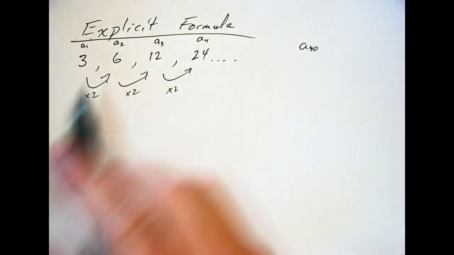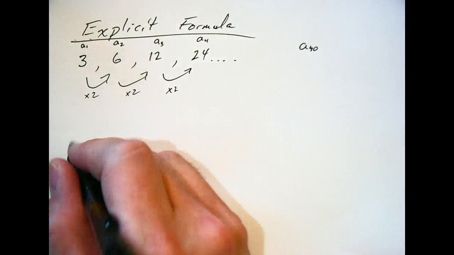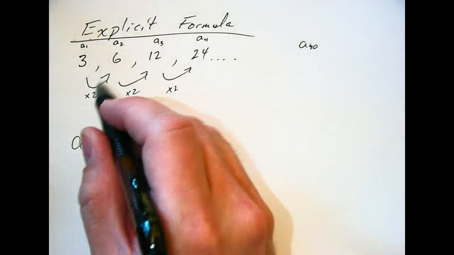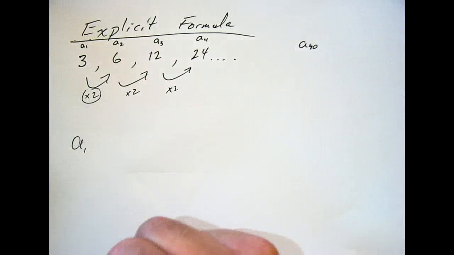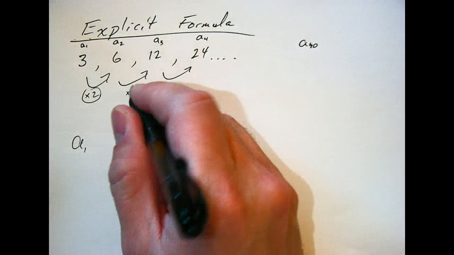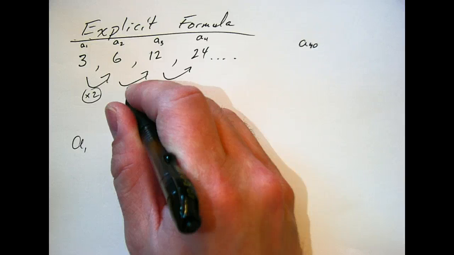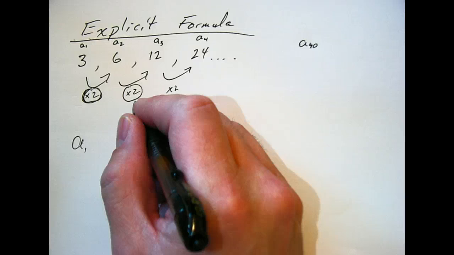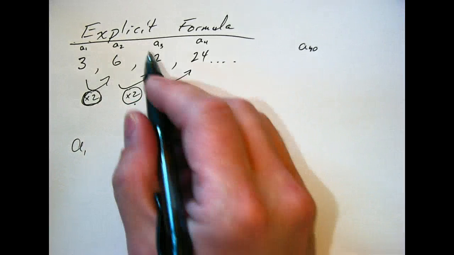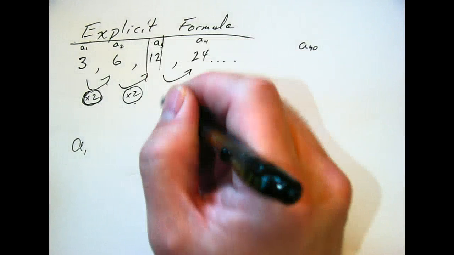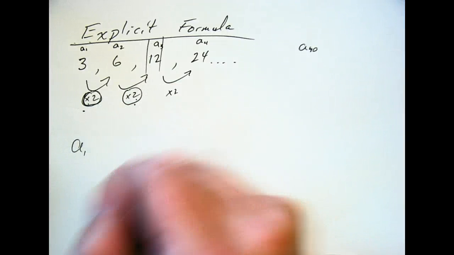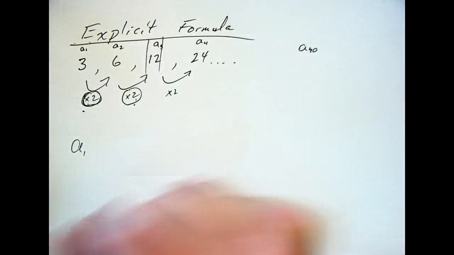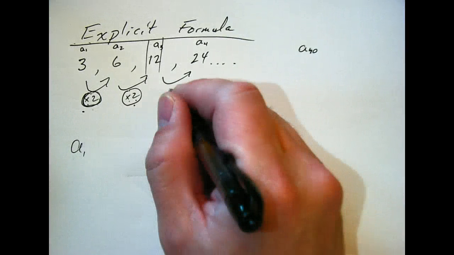So notice, if I know a sub 1, I'm starting there, and say I want to find a sub 2, I just multiply it by 2. If I want to find a sub 3, I multiply it by 2 twice. 2 different 2's, right? If I want to find a sub 4, it's 2 times 2 times 2.